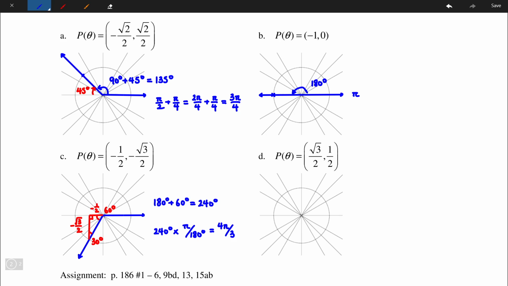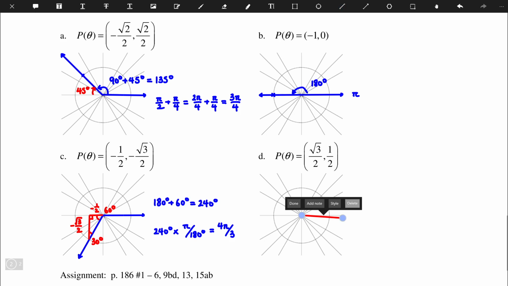So, one more. Now, since in example D, both the x and y values are positive, we know that the angle is going to be in quadrant number 1. Oops, sorry about that. And we know also that the x value is greater than the y value, so the angle is going to be more flat.